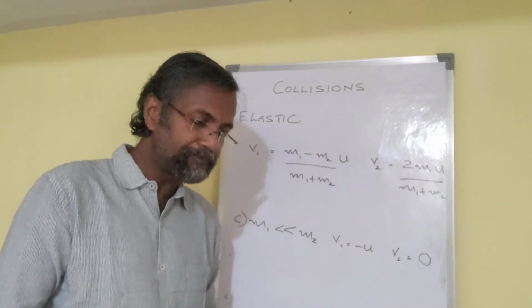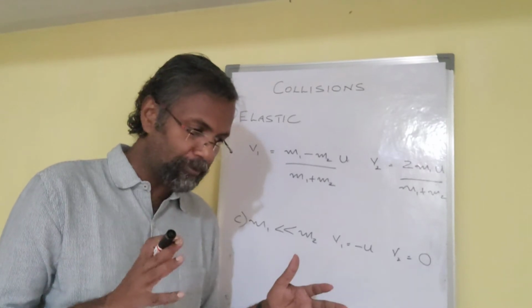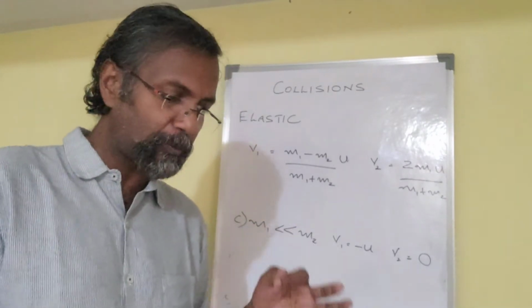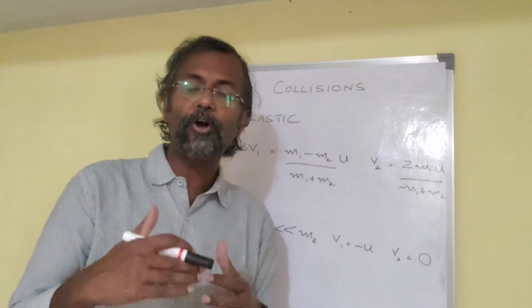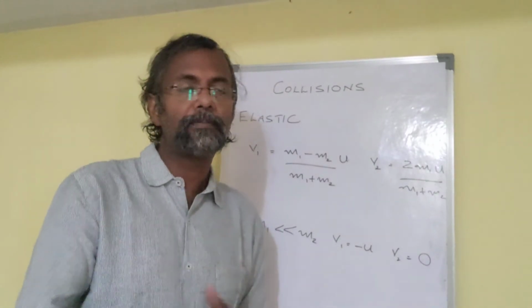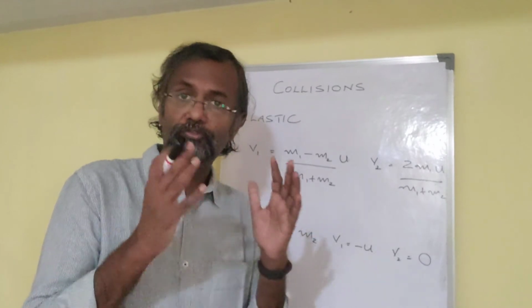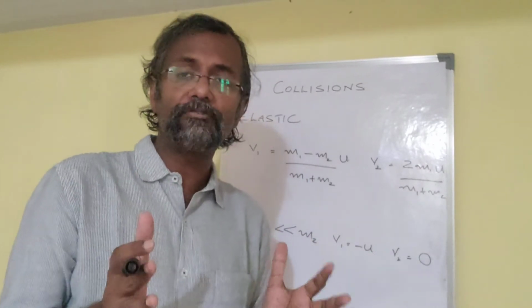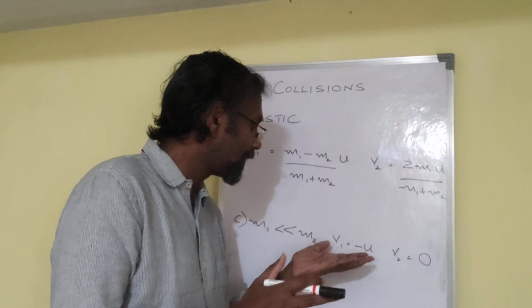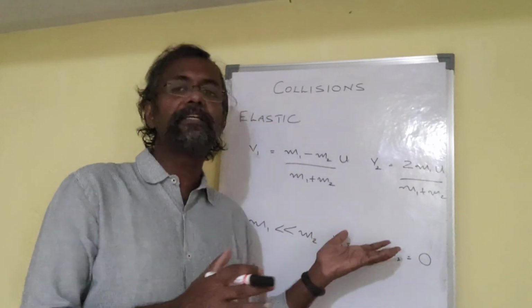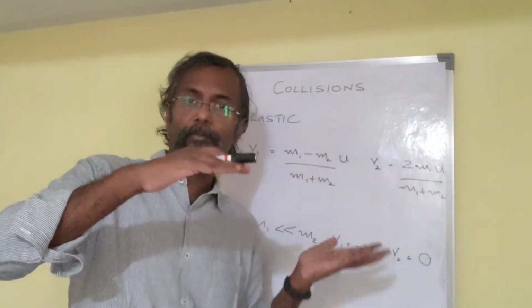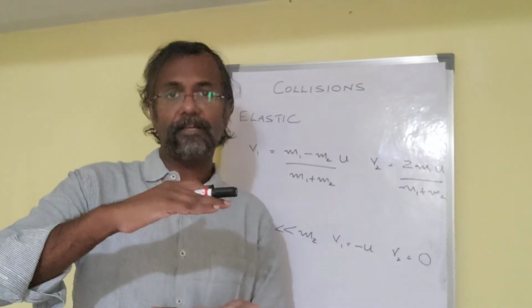Now we go back to the idea of carroms, where we are hitting the striker on another coin and the coin moves. Where does that come in, right? In most cases in real life, it is somewhere between a perfectly elastic collision and a perfectly inelastic collision.